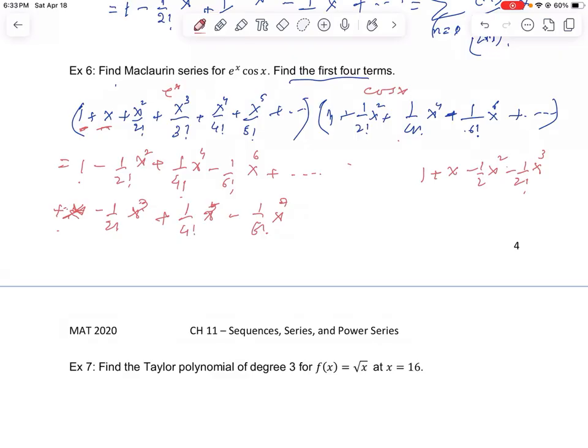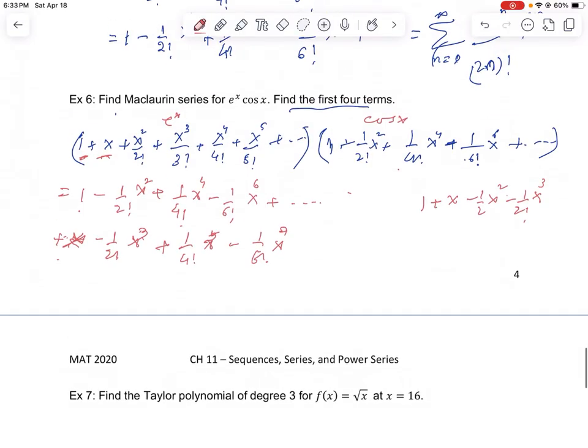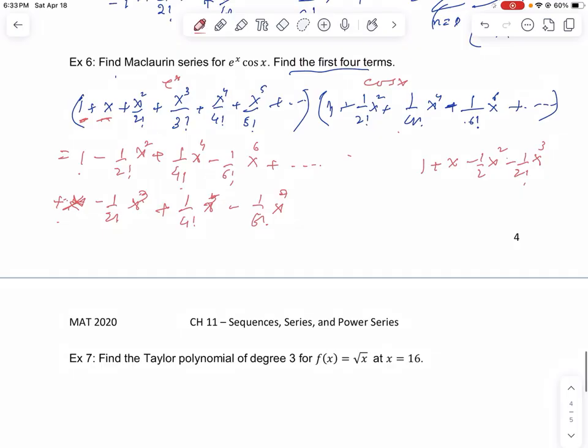But now we have to make sure that we are not leaving anything. So we have to go up to power 3 maximum, because that will give us 4 terms. So we have to now check that we are not getting any of these powers from any other product.